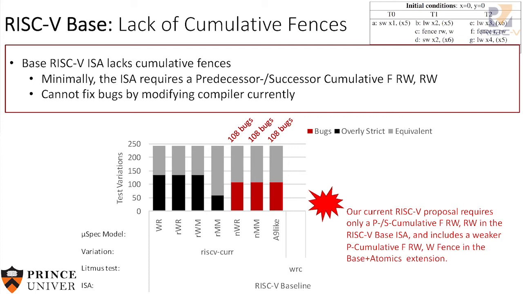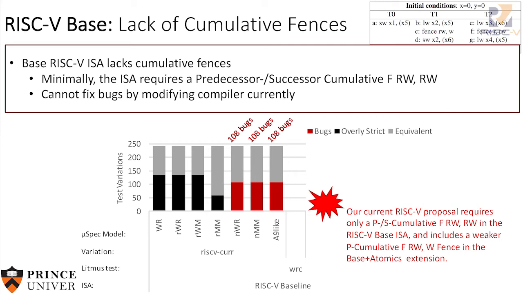The RISC-V ISA model allows for the non-multiple copy atomic writes, but doesn't currently have the correct semantics for fences to restore those orderings. So these three instances where we see bugs are from the lack of fences, these cumulative fences to restore non-multiple copy atomic orders.